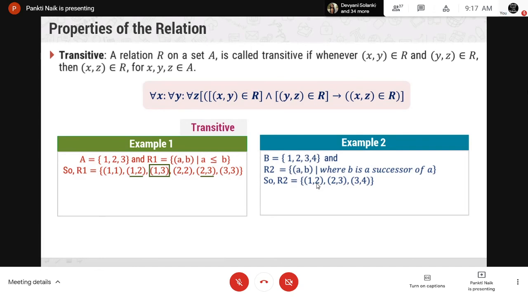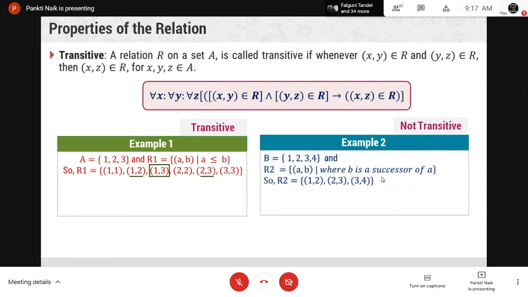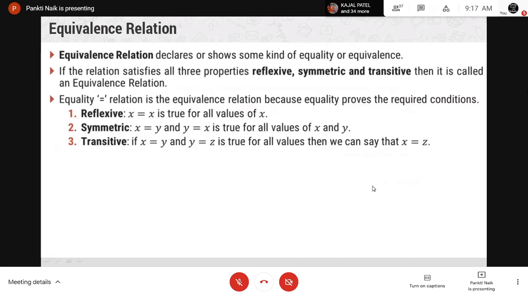So the value of b is always the next number after a. So all the members of R2 are (1, 2), (2, 3), (3, 4). Now let us check whether this condition is fulfilled in this set or not. Take (1, 2) and (2, 3) as (x, y) and (y, z). Then (1, 3) is not part of the relation R2, right? So this relation is not a transitive relation.